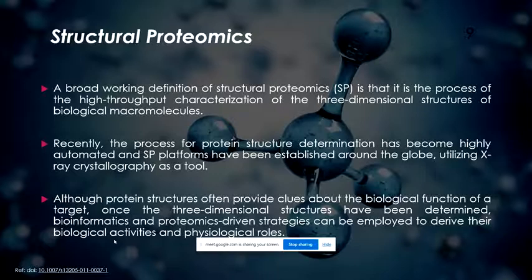But why is structural proteomics important? It is important because it is very difficult to determine the structure of a particular protein using the standard methods that we have. And what are the standard methods of protein structure determination? Which experiments are usually done for protein structuring?